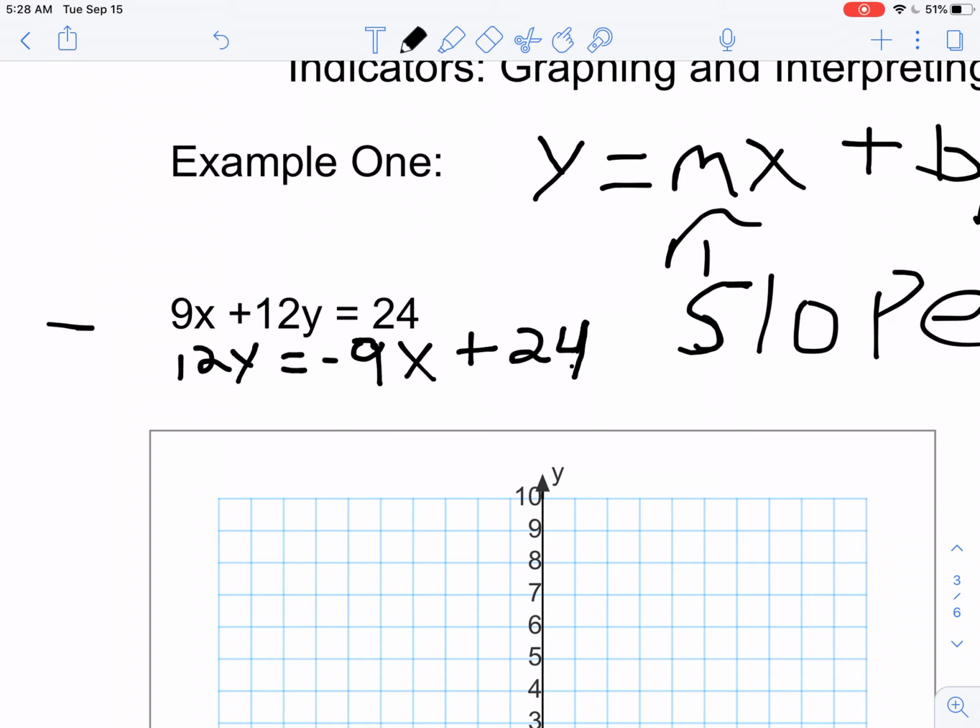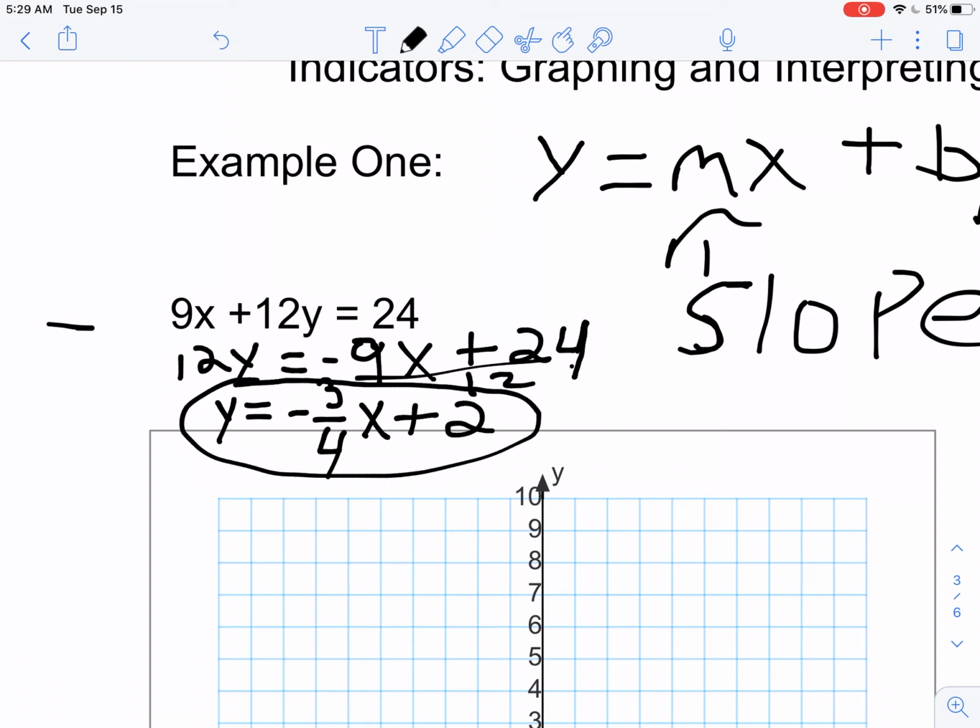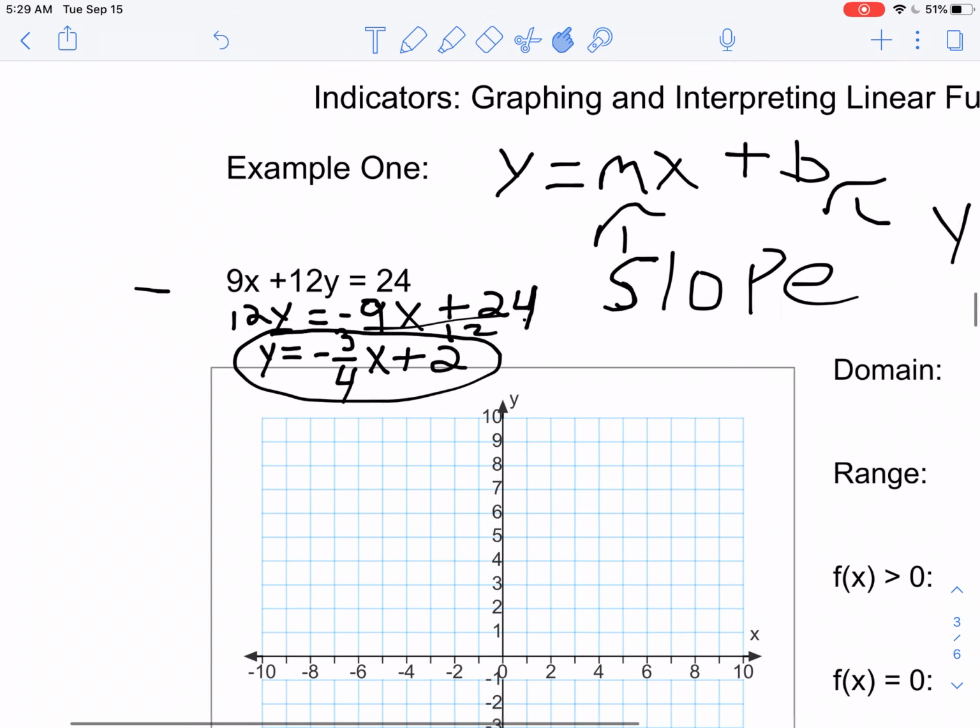When we do that, we're going to get y equals negative 9 over 12x plus 24 over 12, and we know that negative 9 over 12 simplifies to negative 3 over 4. So we get y equals negative 3 over 4x plus 2. Now we have our y equals mx plus b, so from here we're going to be able to graph that.